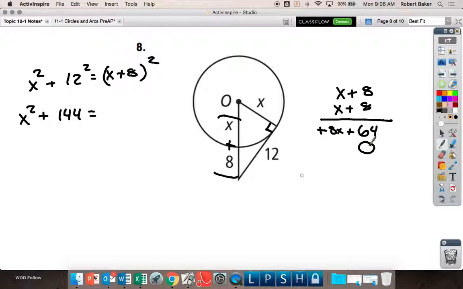Placeholder, 8 times x. X times x. Everything falls down. So you get x squared plus 16x plus 64.